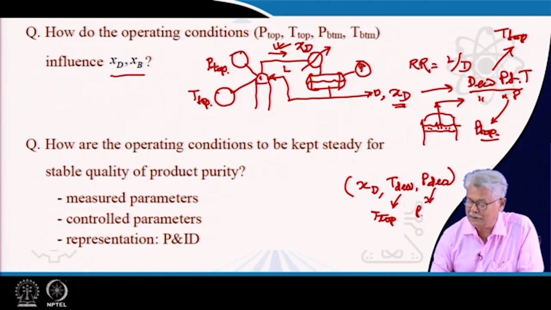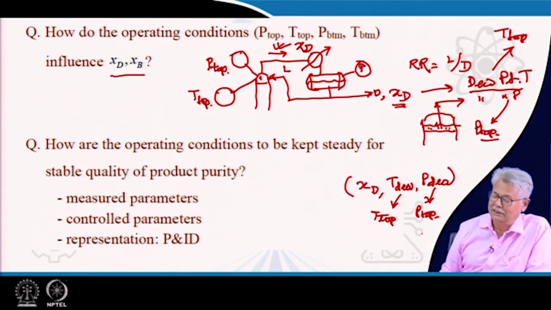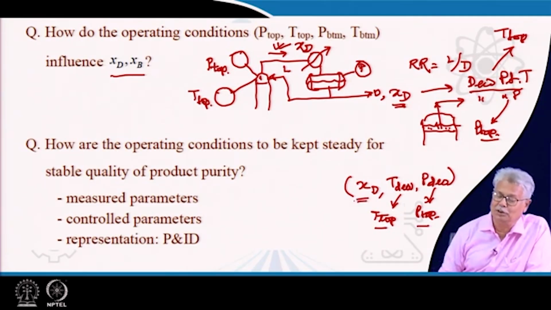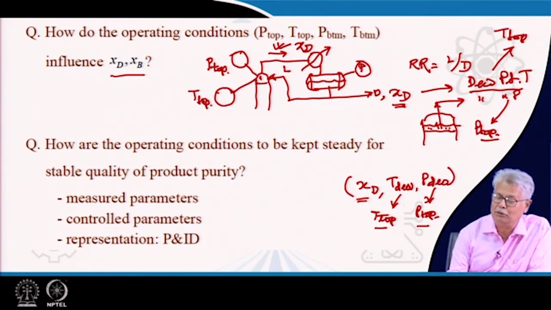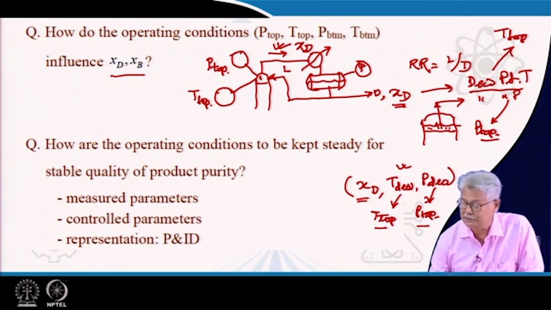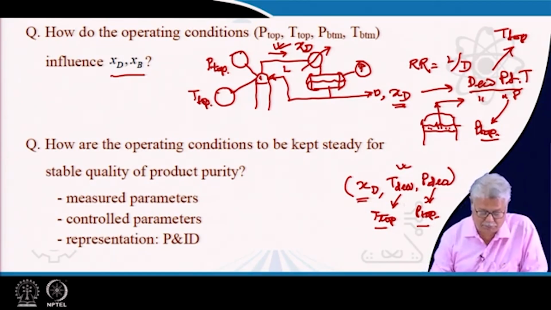I am intentionally repeating this so that it becomes amply clear that if I can alter these two conditions, my XD would change. One thing is very sure: if I can somehow change the column top temperature, the dew point is going to change, because I keep my pressure, sorry, this is actually my P top.